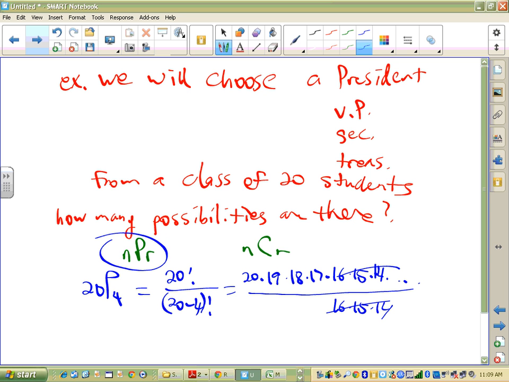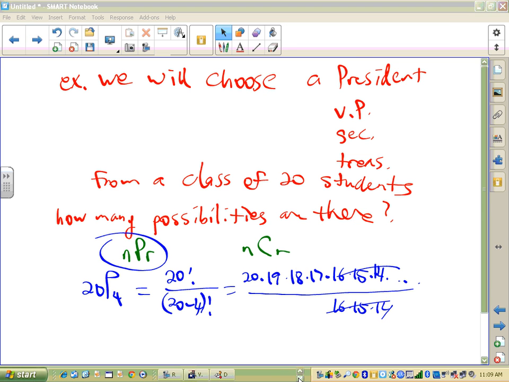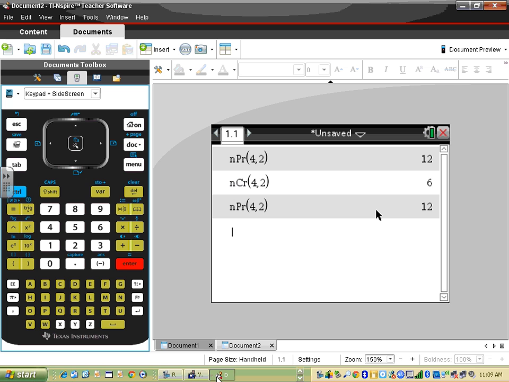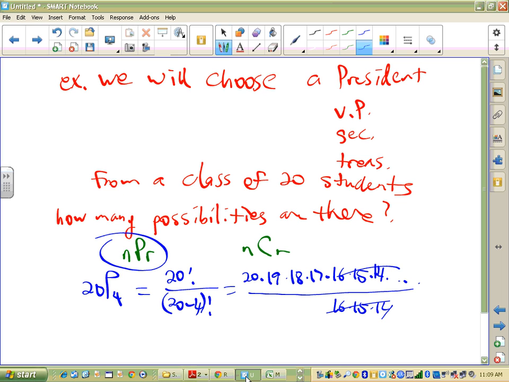I don't want to do that. I want to use a TI graphing calculator, or a TI 30, and get to this quickly. So on my Inspire, I could type this in: NPR, not for National Public Radio, but for a permutation of 20 items, and we're choosing 4, and we get 116,280.